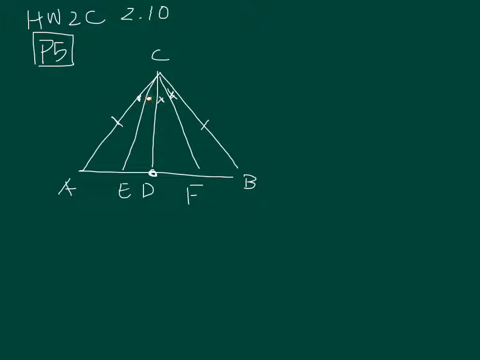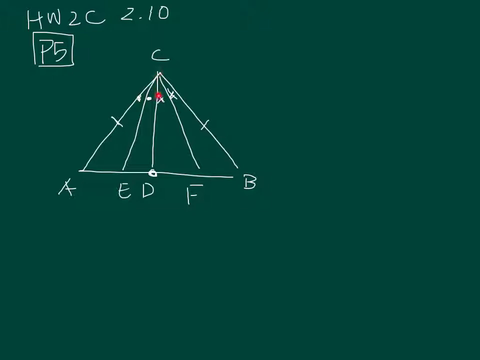But we don't know these two angles. Angle ECD is congruent to angle FCD, so we can't really use these, ACE and BCF. Those two angles, we can't tell they're the same, so we have to figure out some other things.